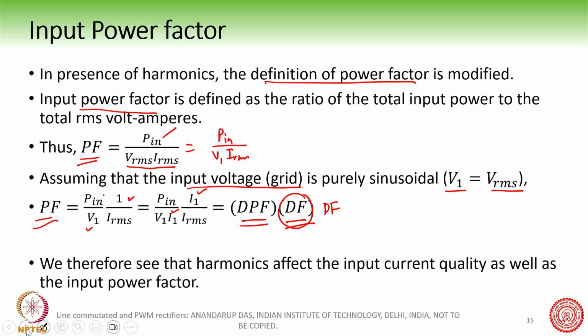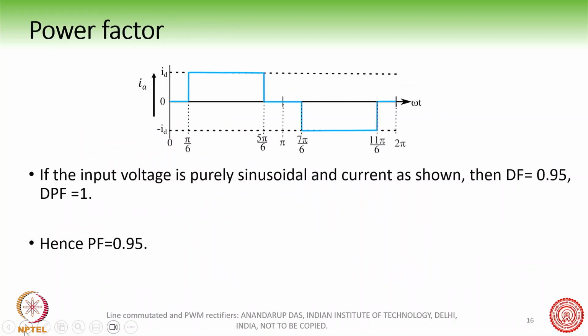So you can see here, if the input voltage is purely sinusoidal and the current is as we have seen in the quasi square waveform, the distortion factor was 0.95, and the dPF is equal to 1, right? Why is dPF equal to 1? Because this is the fundamental quantity, and the angle between the fundamental voltage and the fundamental current is 0.